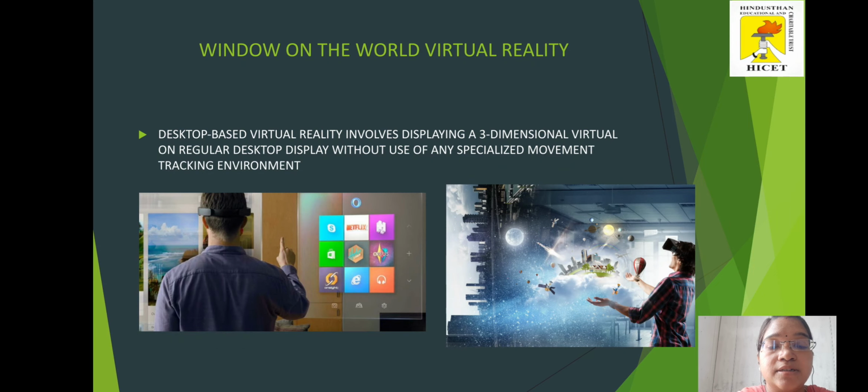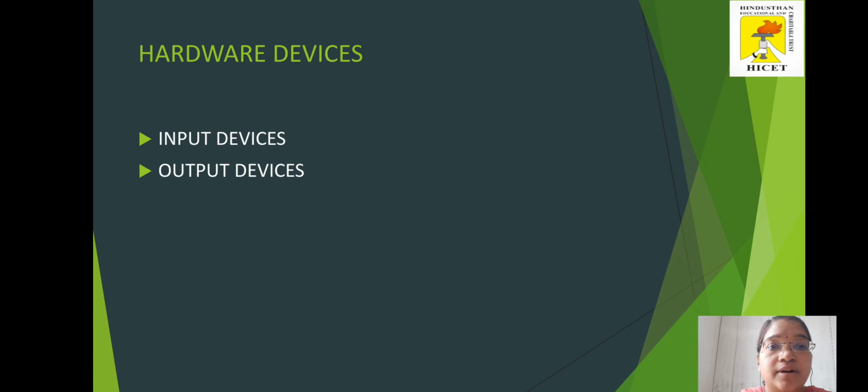The third one is Windows on the World virtual reality. It is a desktop-based virtual reality which involves displaying a three-dimensional virtual world on a regular desktop display without the use of any specialized motion tracking equipment. These are the three types of virtual reality.